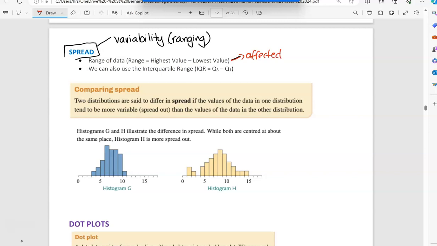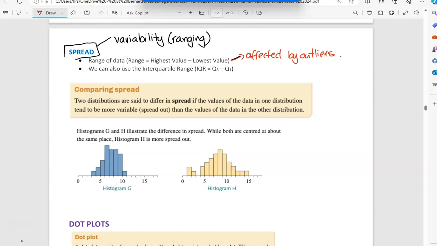If you think about that example I just said before, if I bring that big kid in, my range is going to be really large because it's the highest weight minus the smallest weight. So my range gets thrown way out.